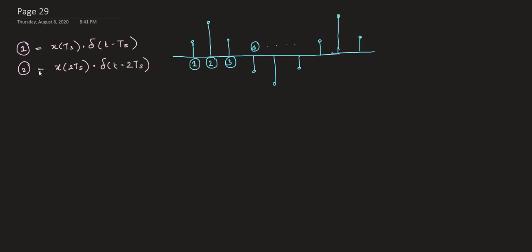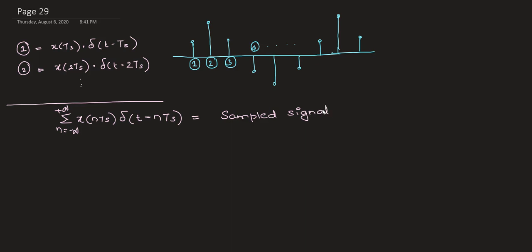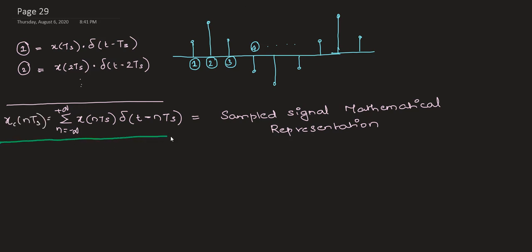The height gives you the value of that signal, x of Ts, so the height of each of these stems gives you the value of that signal, and the delta represents their position. So the equations for 1, 2, 3 and 4 can be written as x of Ts, x of 2Ts, x of 3Ts and so on. The generalized form for the sample representation is x of nTs into delta of t minus nTs. Now this is your sampling equation in the time domain.